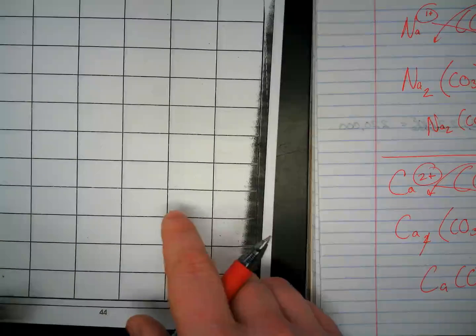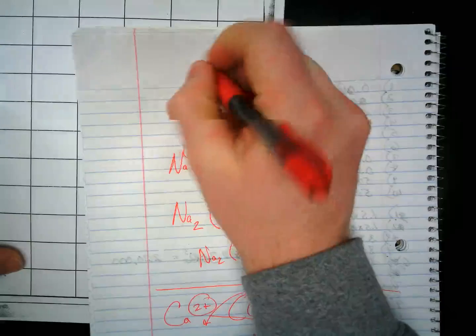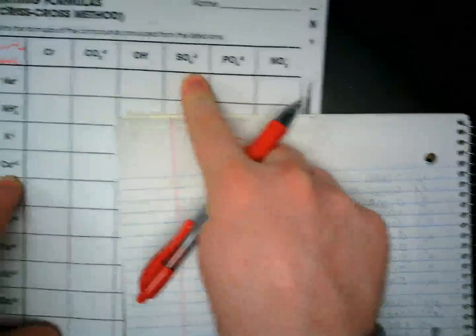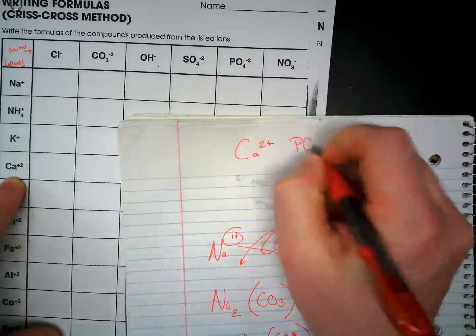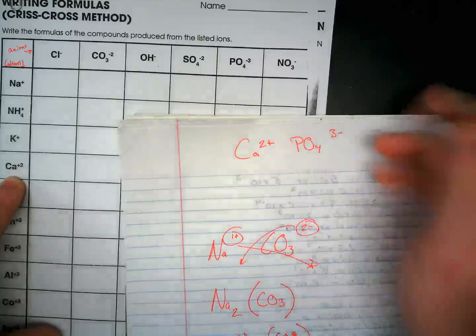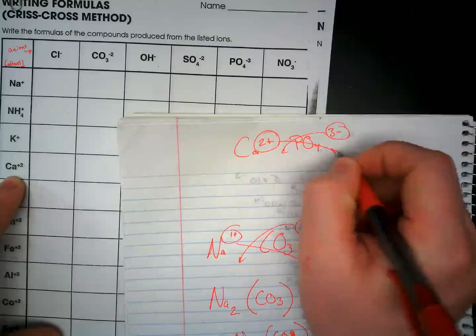And then one more example, just so we're not terribly confused on what to do here. Still with calcium, we're going to combine calcium here with phosphate. Phosphate has a charge of 3 negative. Circle those, and we're going to crisscross them.